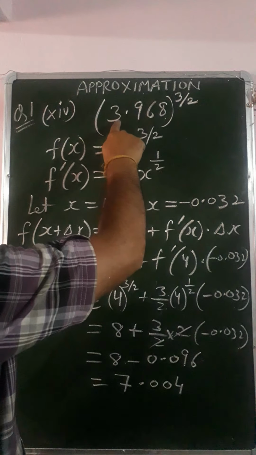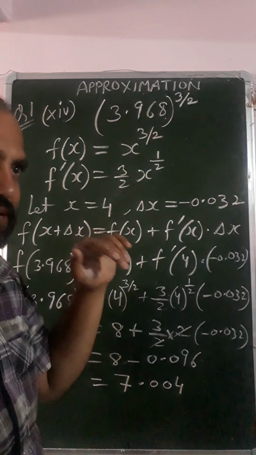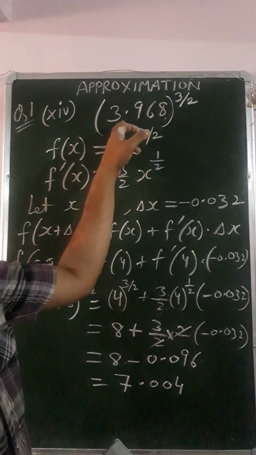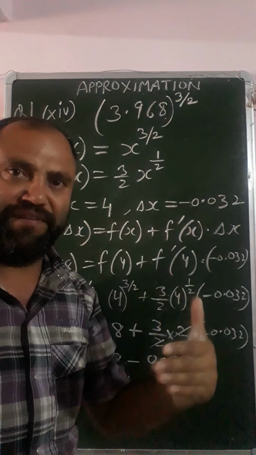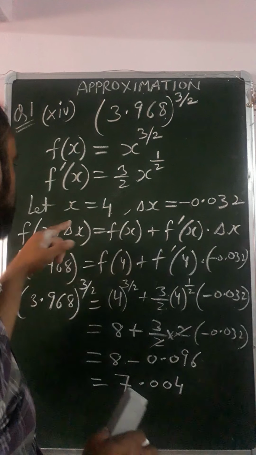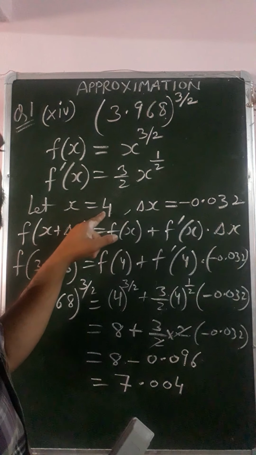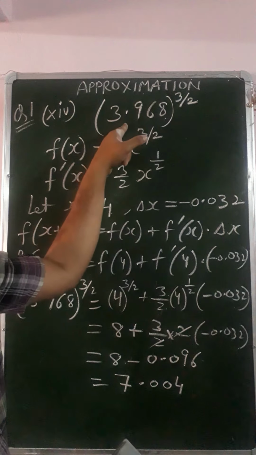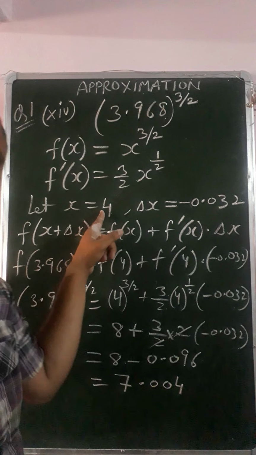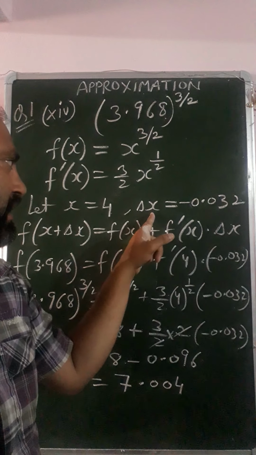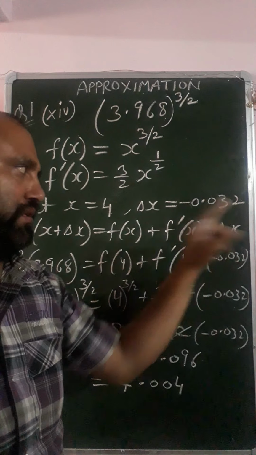I am breaking this 3.968 such that we have one perfect square root. So let x be near 4, that's why I am taking x equal to 4 and delta x equal to minus 0.032.